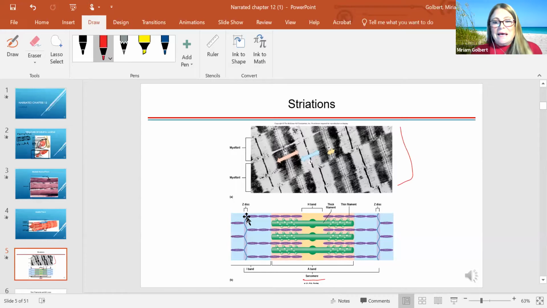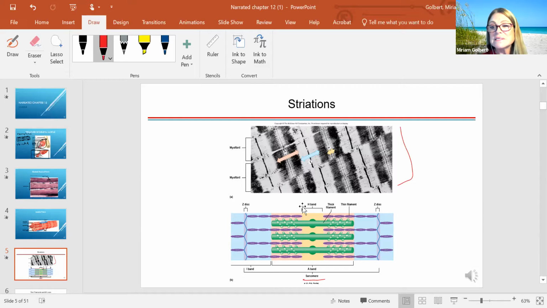So a sarcomere goes from a Z disc to another Z disc, okay? So here, this protein or this line that you see in little blue on the Z disc, this is an anchoring protein, okay? Anchoring protein.